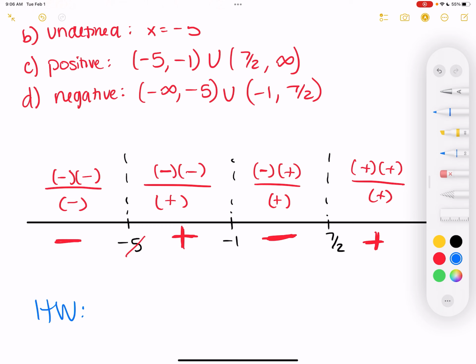Let's see. 3, 9, 11, 25. That's good. 25 is just kind of the reverse of 26. Instead of there being 2 things on top and 1 on the bottom, there's 2 on the bottom, 1 on the top. No, you can do it tomorrow in class.